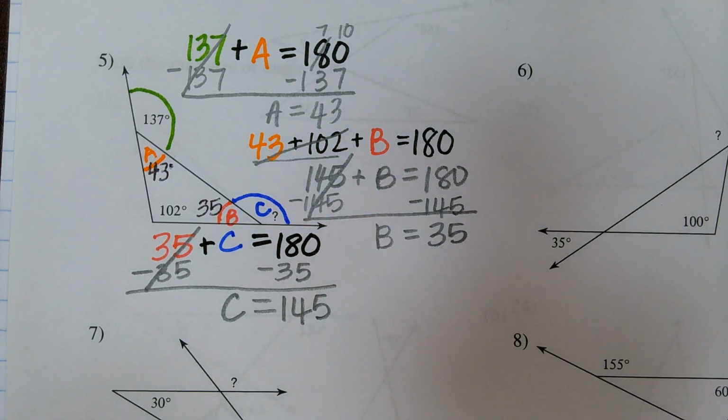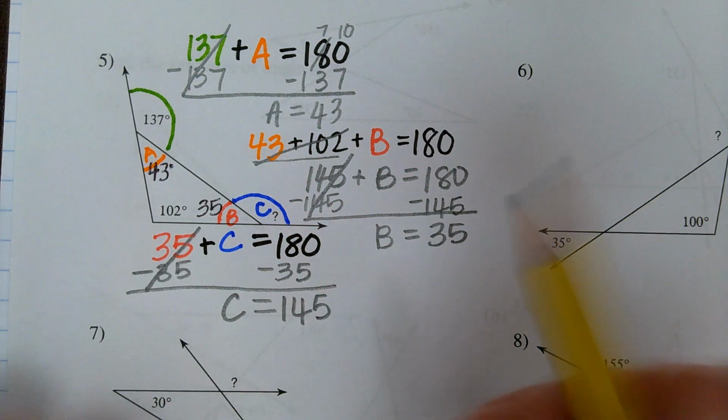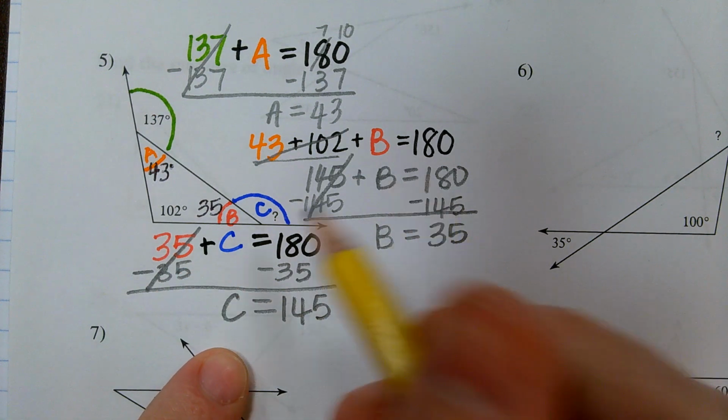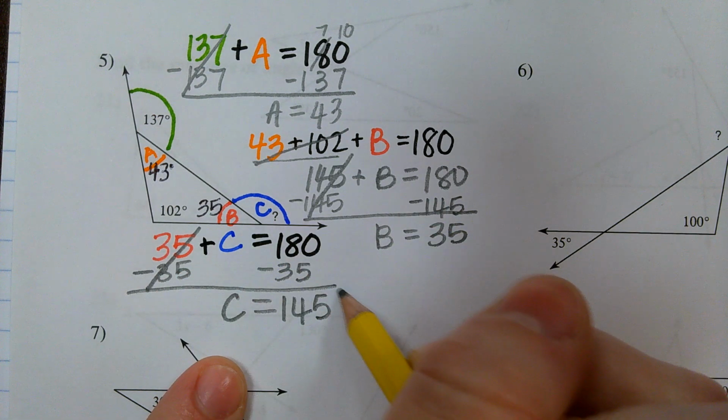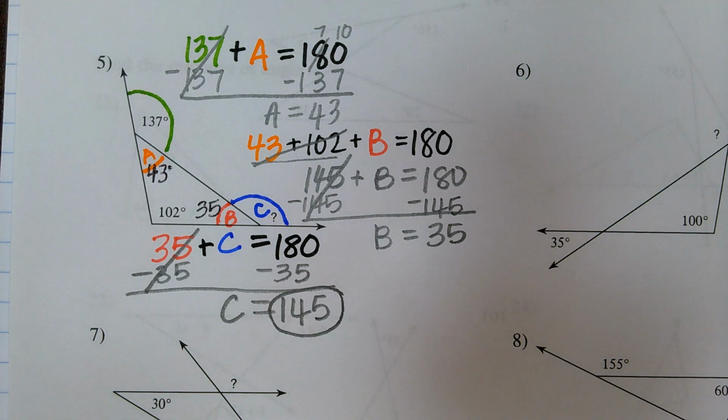Perfect. And since we finally found the question mark, we're going to circle that number. That's our answer, 145. Took a lot of steps to get there, but it is possible.